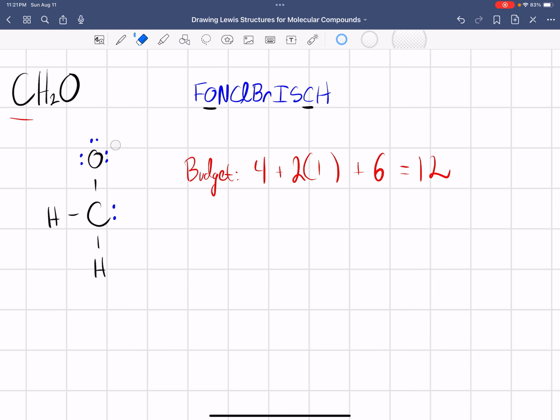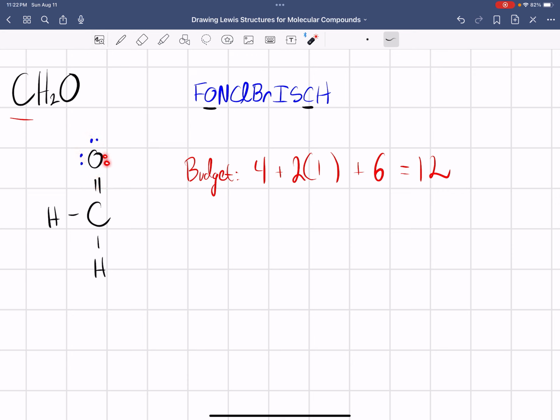I'm going to erase them both, and in their place, I'm going to add an additional bond between the 2 atoms. Now by doing that, I haven't messed up the octets. Notice carbon still has a total of 8 electrons, 2, 4, 6, 8. Oxygen still has 8, 2, 4, 6, 8.